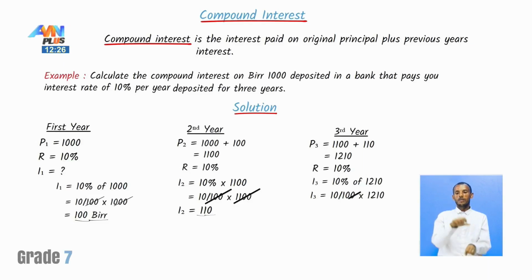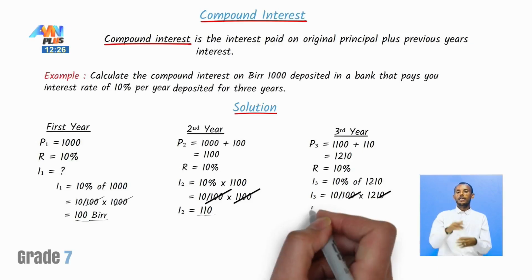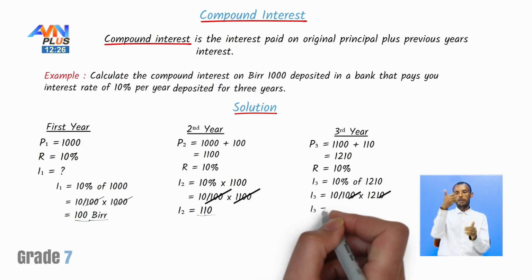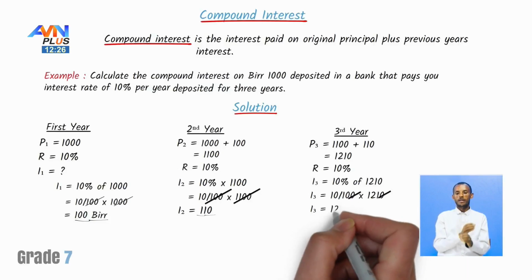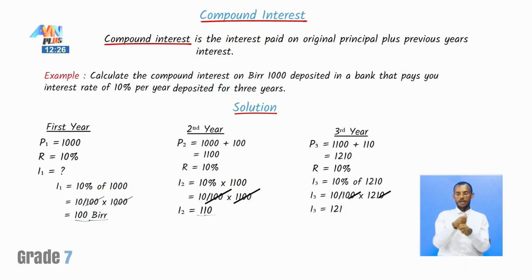So, this is the money that gives you an interest for the third period. The rate is constant, 10%. And I can calculate the third year's interest. It is 10% of 1,210.